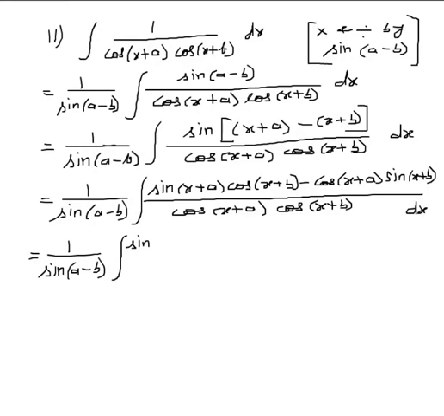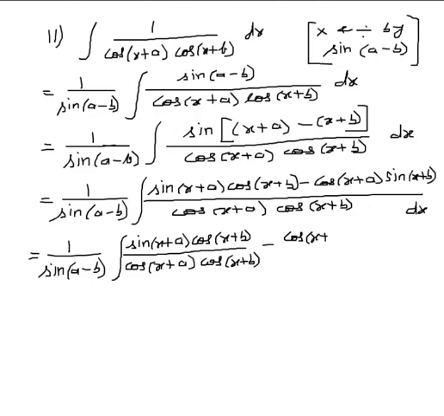The first term is sin of (x plus a) into cos of (x plus b) divided by the denominator. Minus the second term, cos of (x plus a) sin of (x plus b) divided by the denominator, into dx.